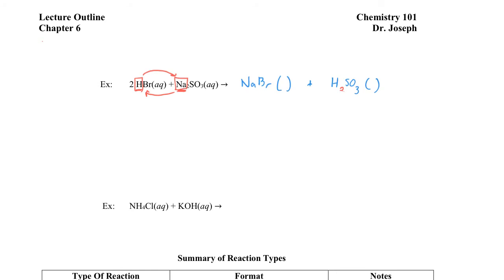You can do this as well if you want. Put a line through it, and I'm going to write what it really becomes. It becomes H2O, which of course we know is a liquid, and it also becomes SO2, which we know is a gas. So that's actually what happens to that sulfurous acid. It decomposes into a gas.